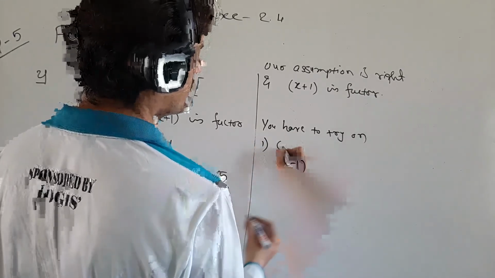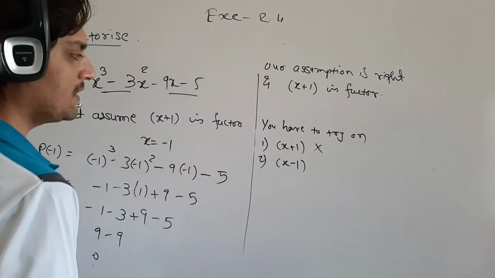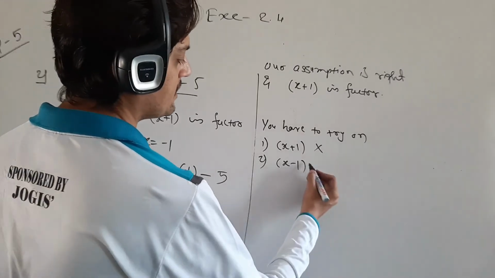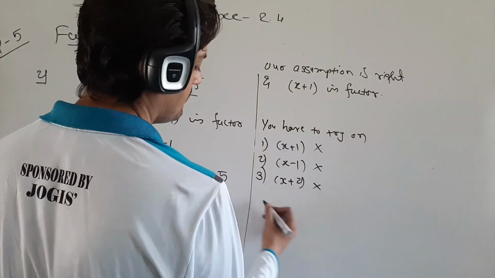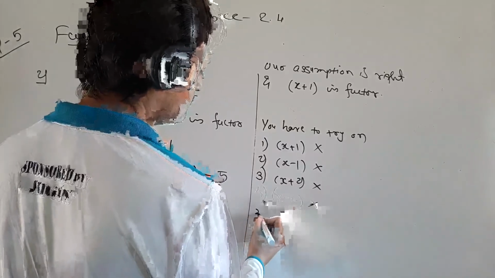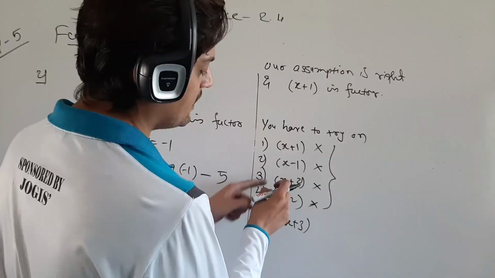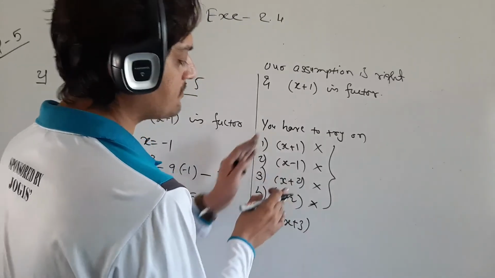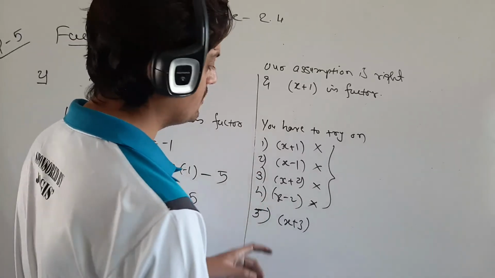See if it is not applicable. If x plus 1 is not a factor, then x minus 1; if x minus 1 is still not a factor, then x plus 2; if not, then x minus 2; if not, then x plus 3, and so on. Okay, so like that only.